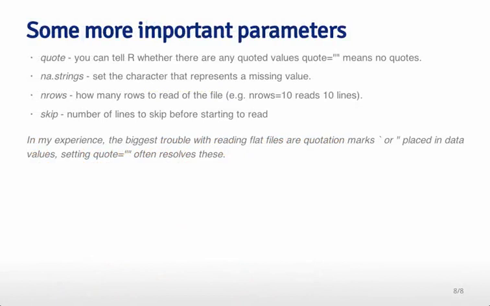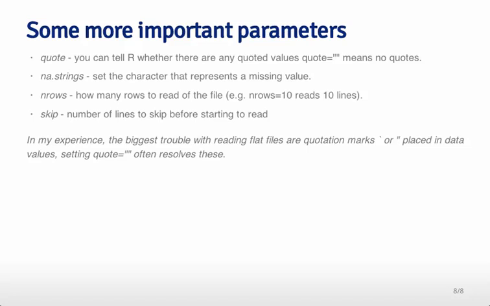Some more important parameters that you can pass to read.table: you can tell it about quotes, for example, whether there are quoted values. If you say quote equals quote quote like that, you get no quotes in the file. na.strings tells R what character represents a missing value.